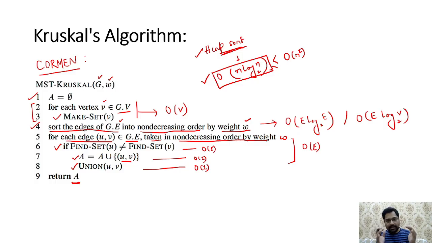Whether these two different vertices are inside a tree, means you are creating an MST, a minimum spanning tree. Whether the two different vertices are within the tree or not, to find that we are using the sixth one.